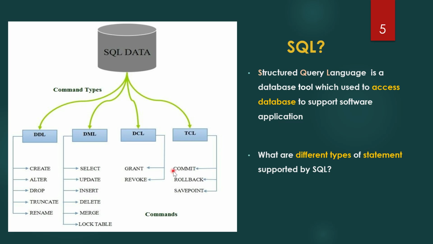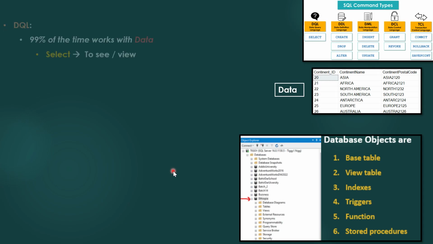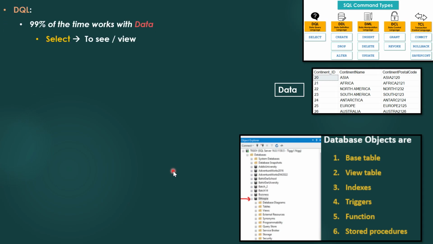So let's see. Maybe you are confused when I say data or database objects. To explain a little bit: when I say data, imagine this is a table. This is actually a database object called a base table, but normally they call them tables.